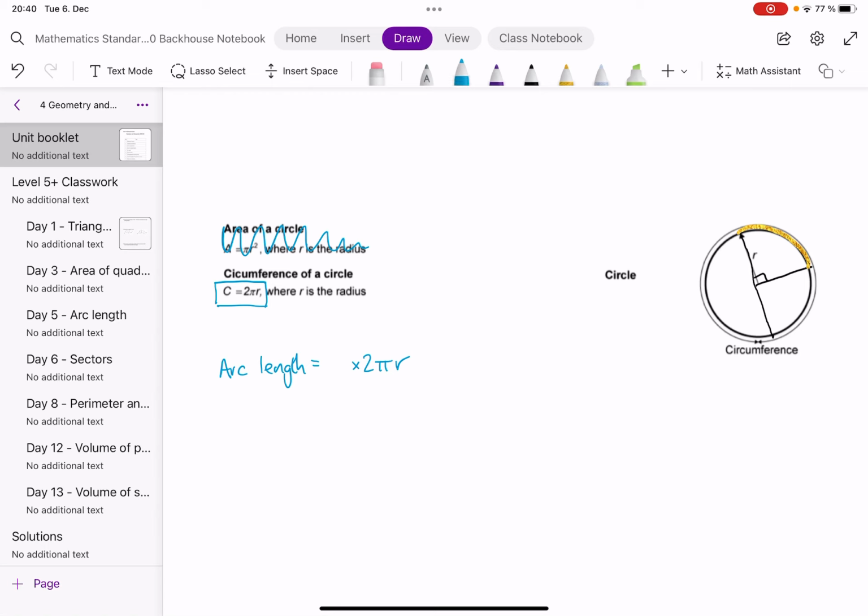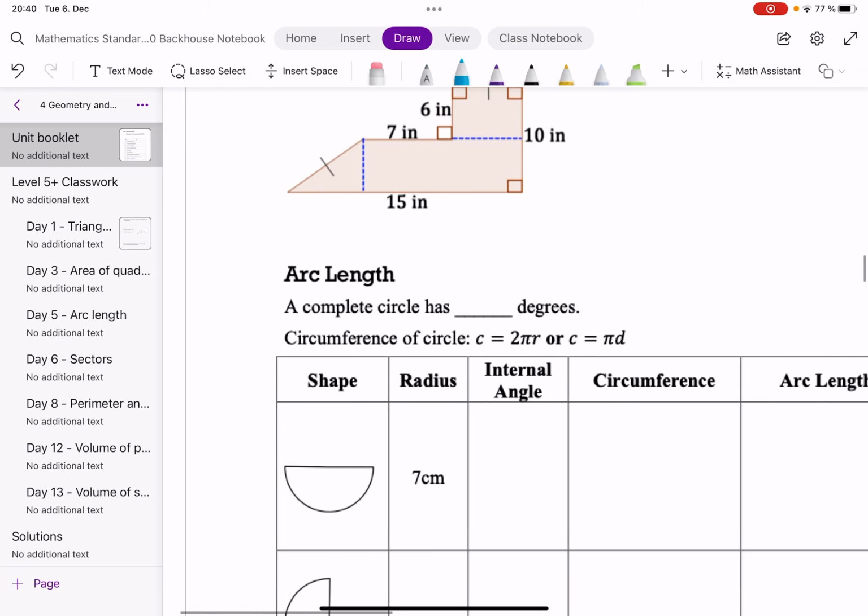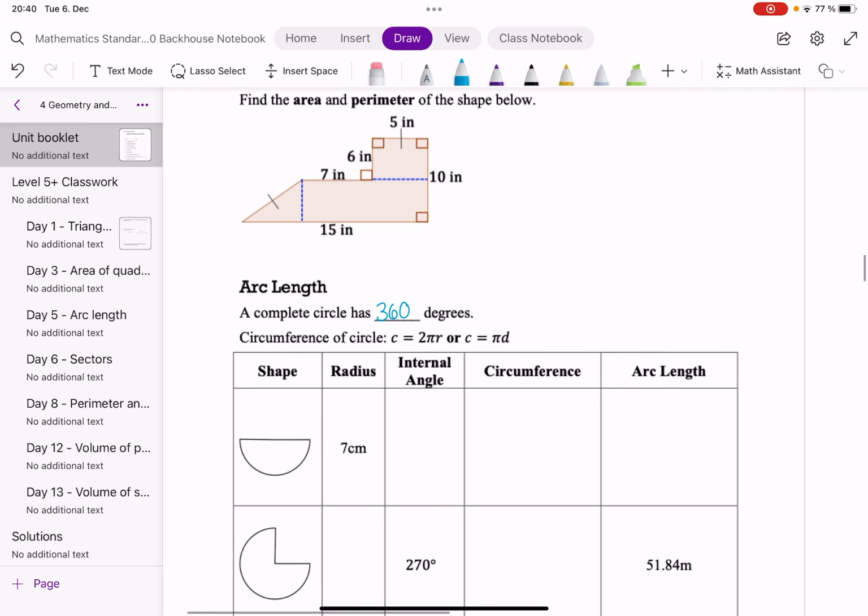So once again, I'd divide by 4, or I'd multiply by a quarter to get a quarter of it, and that would find that gold section. And the reason for that is our circle obviously has 360 degrees in it, so all we need to think about is what fraction of the circle we have. So I think half circles and quarter circles are pretty easy.